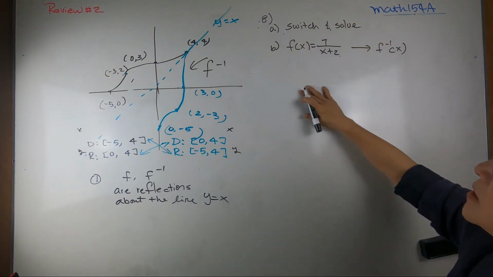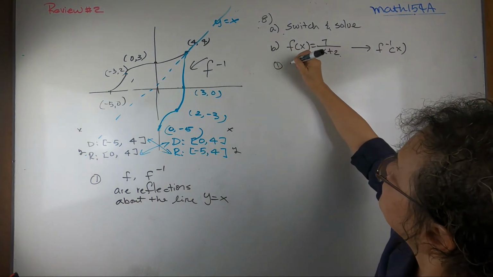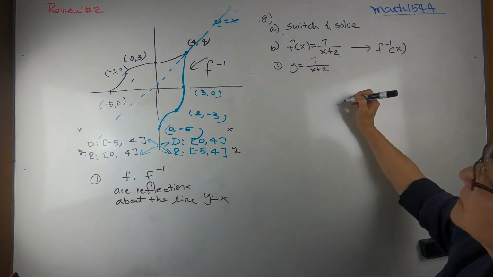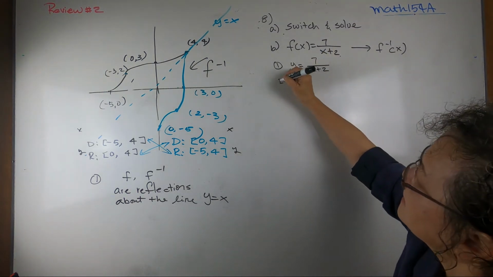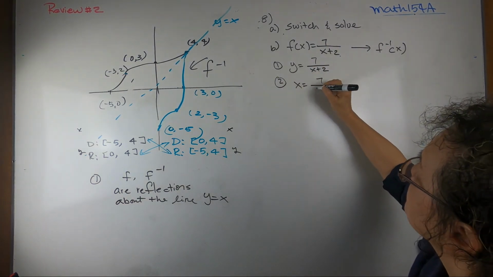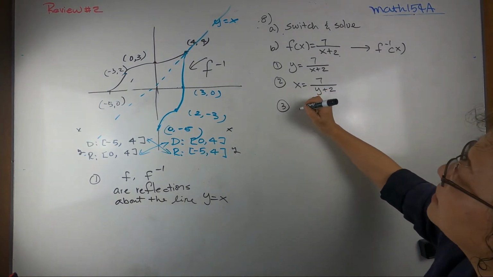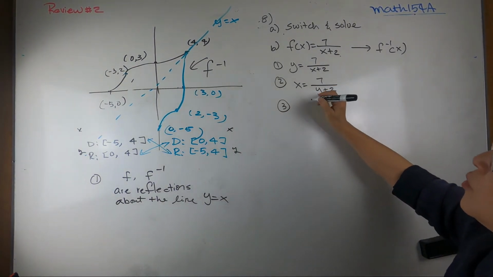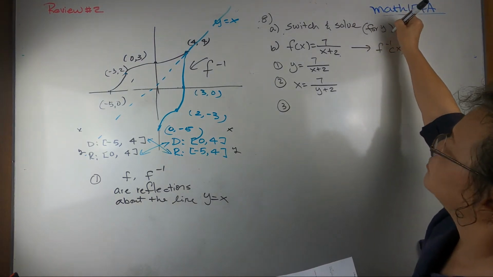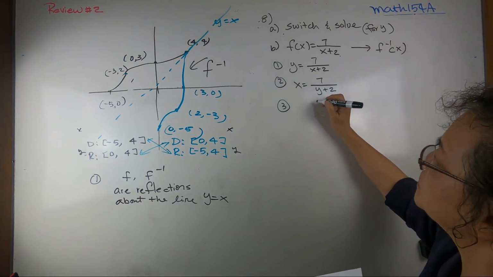Okay, so how should we do? First, you write it this way, right? Write it as y, then you switch x and y, right? Then third step will be what? Solve it. Solve for y, right? Y equals something for your function. So what should we do?